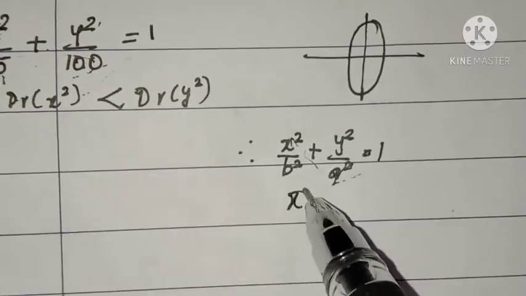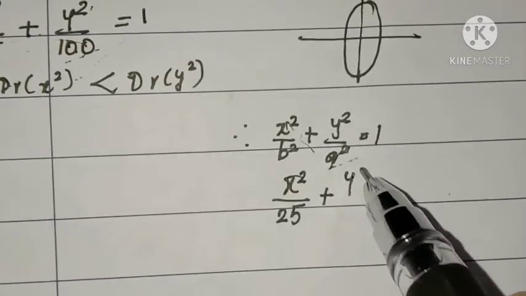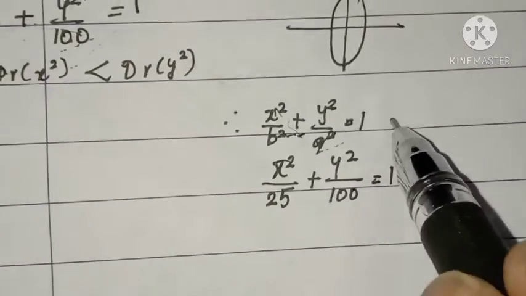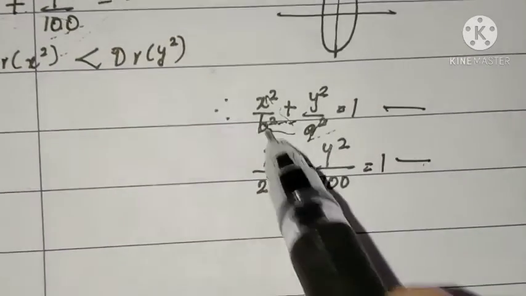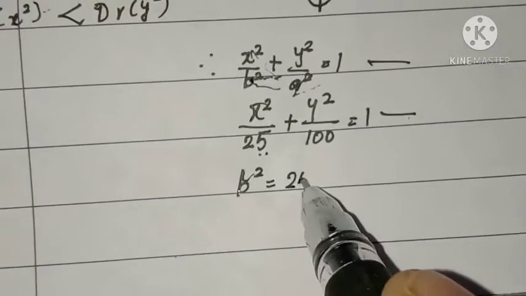Now write the given equation: x²/25 + y²/100 = 1. Compare these two equations. What is b² here? b² = 25, so b = 5. Now a² = 100, so a = √100 = 10.